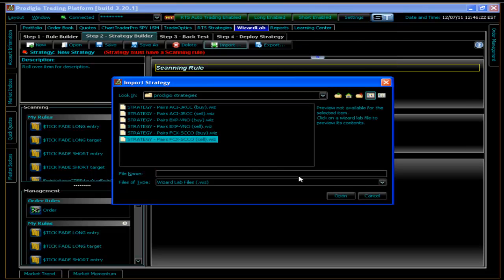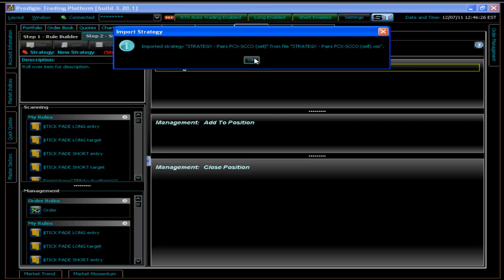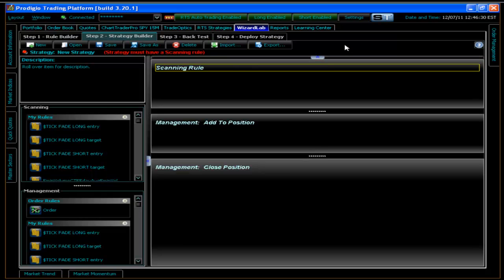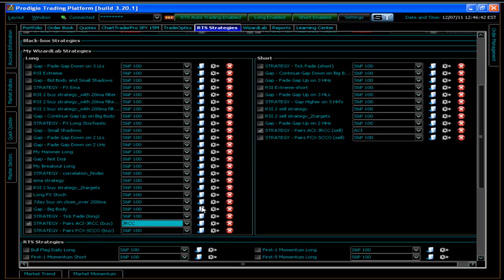I'm going to bring in the FCX SCCO, just to walk through this with you guys so you have another example of how it's done. We've already brought in the ACI JRCC. Now we're going to bring in the FCX SCCO. I've imported them through Wizard Lab, I've opened up strategies, and notice that those two are now at the bottom of my list.